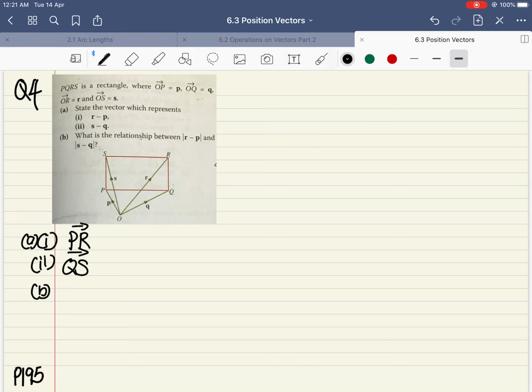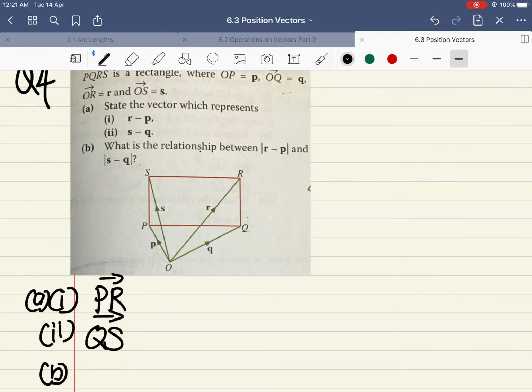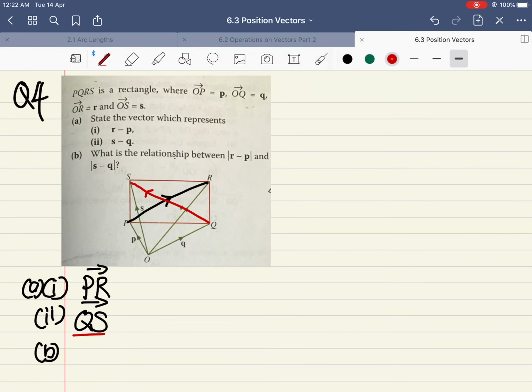Okay, so now I move on to part B. What is the relationship between the magnitude of R minus P and S minus Q? If I take a look at the diagram, R minus P is PR. PR is like this. And then I use another color for QS. QS is like this. Notice that both of them are the diagonals of the rectangle. So what is the same about these two diagonals?